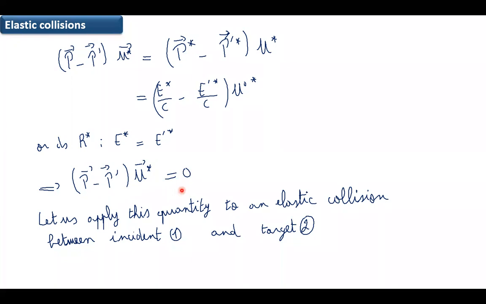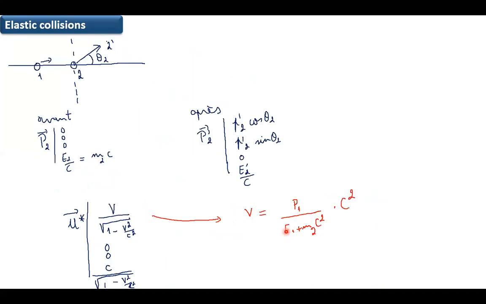You can use it anywhere in any inertial frame, but only for elastic collisions. This doesn't apply to non-elastic collisions. So let's take an example and apply this quantity to a certain elastic collision between an incident particle number 1 and a target particle number 2.